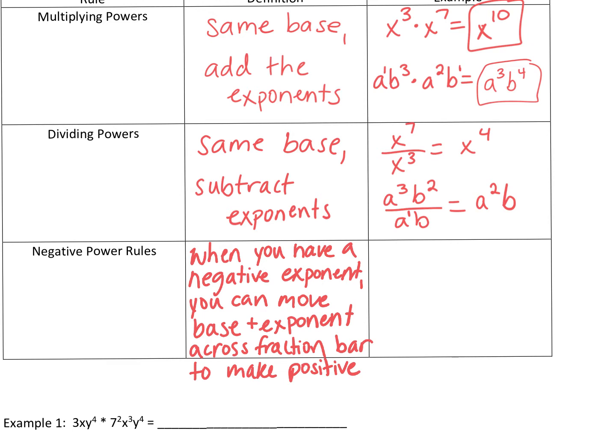So when you have a negative exponent, you can move it across the fraction bar to make it positive, okay?